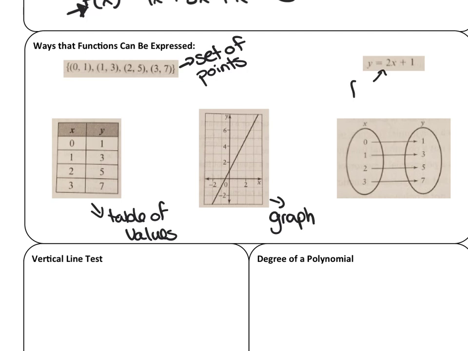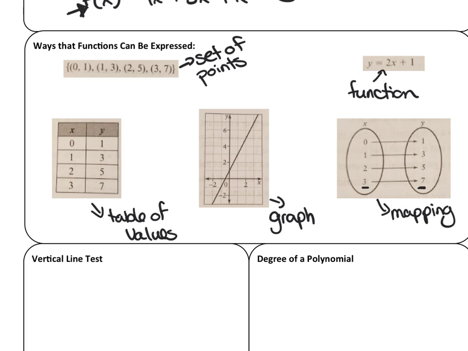It can be written as a function, like this one, y equals 2x plus 1, or it can be expressed as a mapping, where if the x value is 0, the y value is 1. If the x value is 3, the y value is 7. So those are all different ways that the function can be expressed.